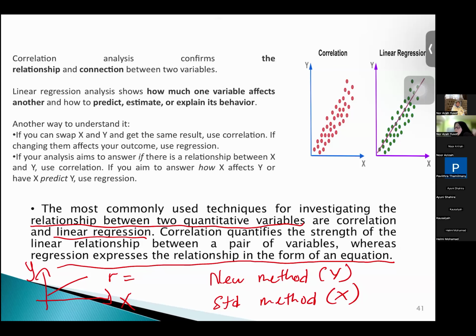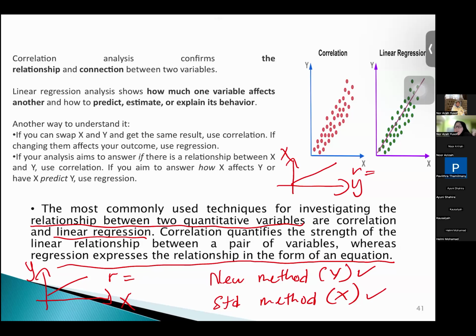So how do we see it? It's correlation. If I just want to change the y-axis into the x-axis, and define this one as x, still standard method, and y the new method, you still have the straight line, okay? Still, you can value the correlation using R. So that is correlation.